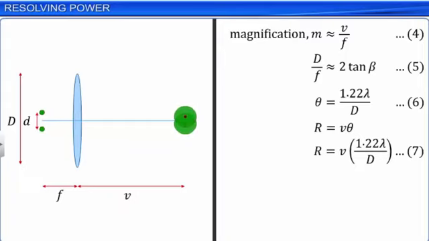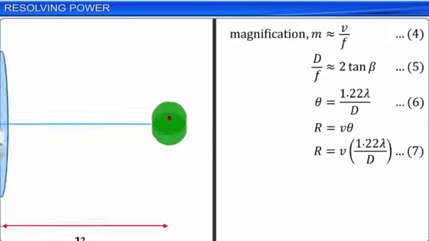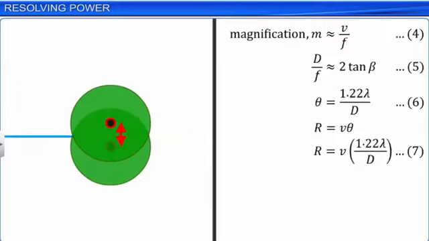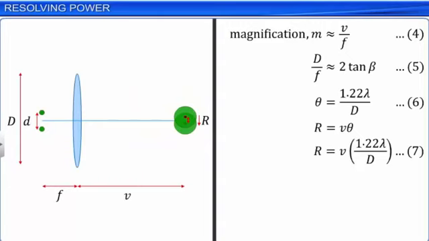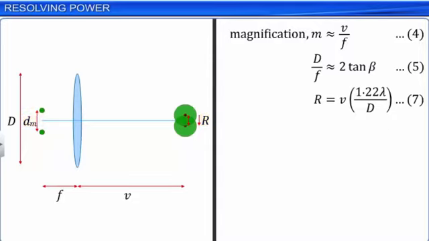If the separation between the two images is less than r, then the images are not resolved. Let dm be the minimum distance between the objects and r be the separation between them. If m is the magnification, then we can write r is equal to m into dm, or dm is equal to r/m.